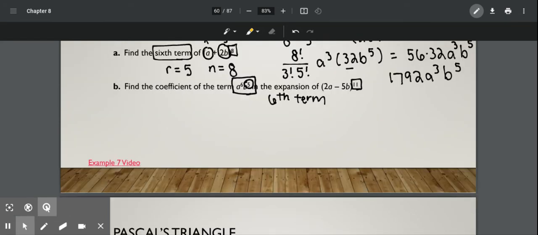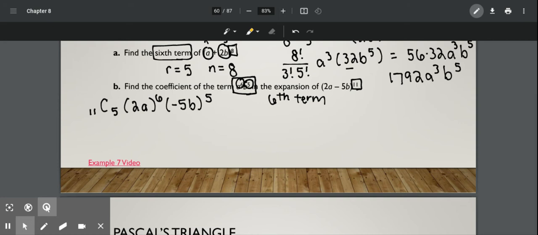And so if we start the expansion, we'll have 11, our nCr, so 11C5 times 2a to the 6th, we use this first exponent, times negative 5b to the 5th.